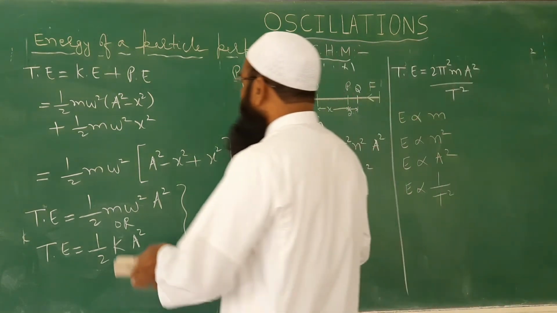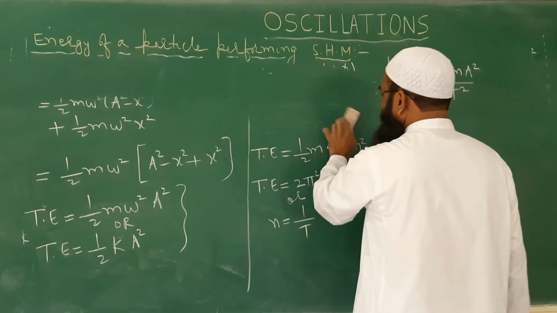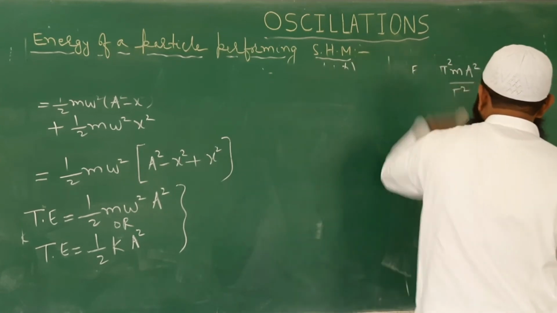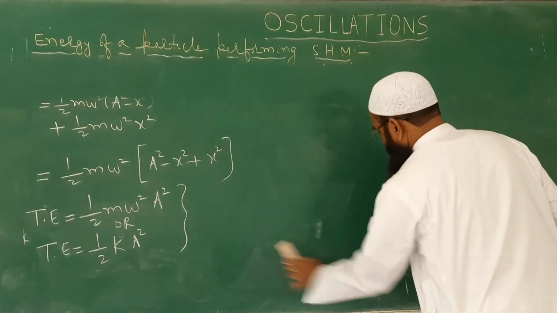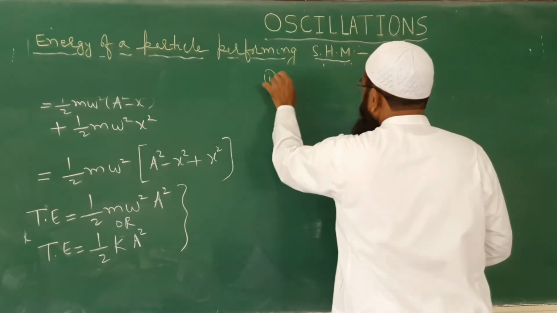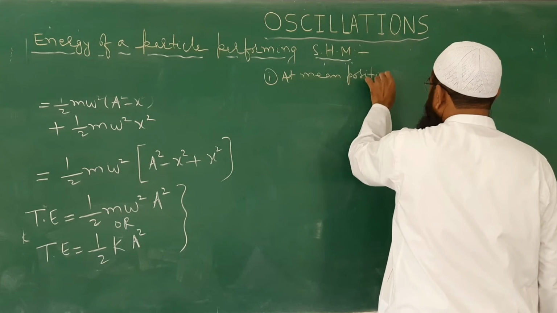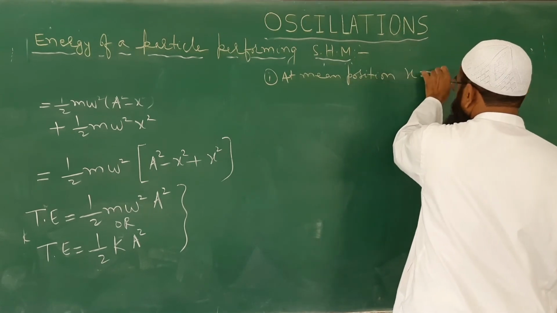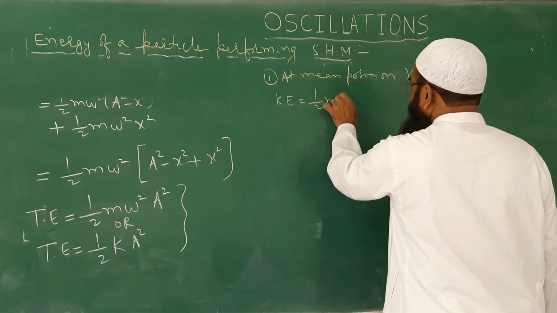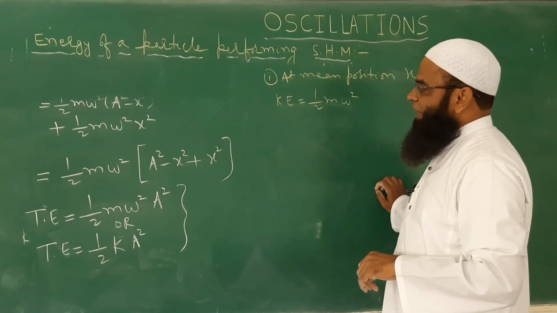Now we will show how total energy becomes kinetic or potential when the particle moves from mean position to extreme position. Let us suppose that at mean position, x is equal to 0. The kinetic energy equation is half m omega square (a square minus x square).